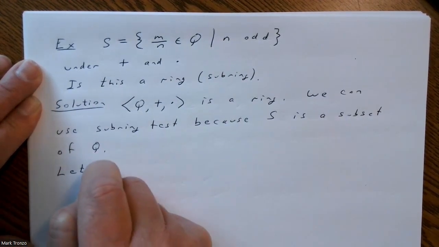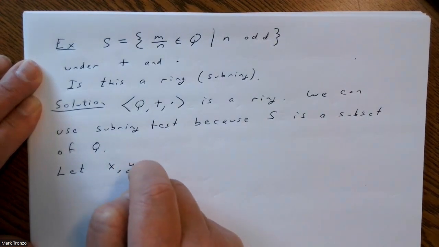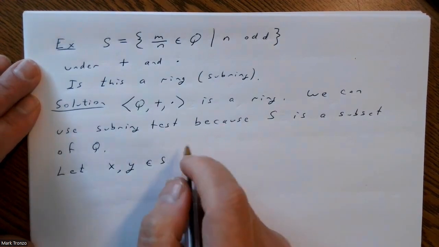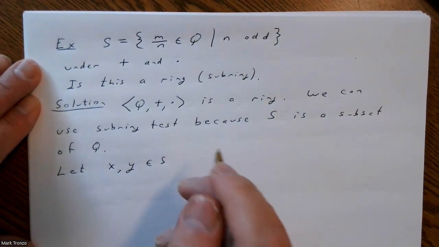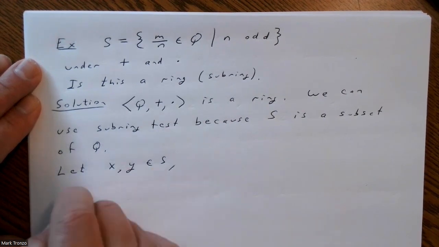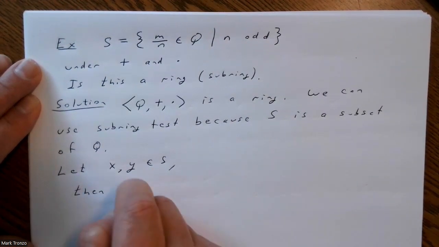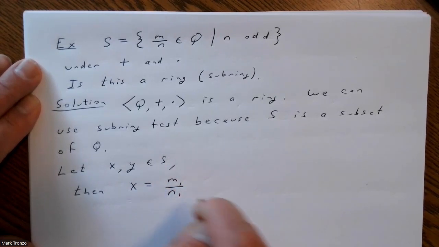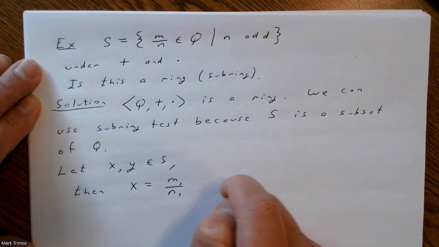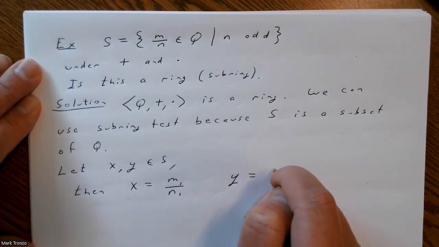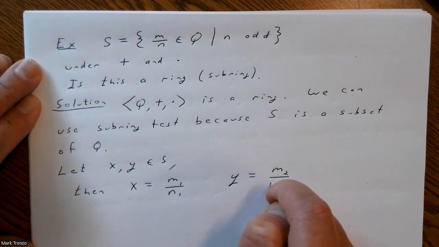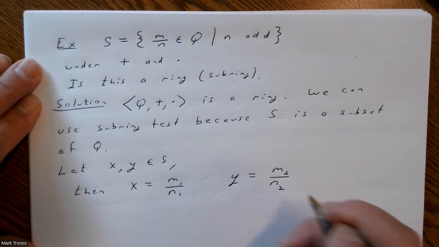Let's just go with this. Let X and Y be in S. Then X is going to be equal to M1 over N1, and Y is going to be equal to M2 over N2.